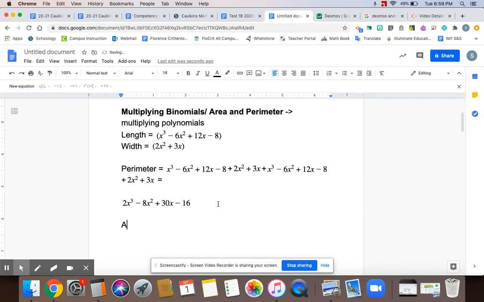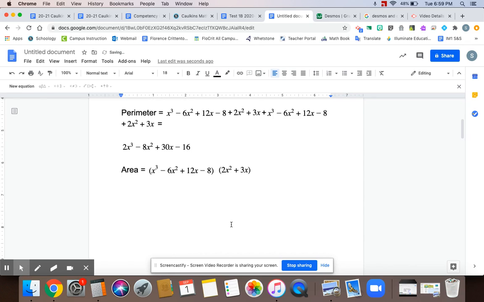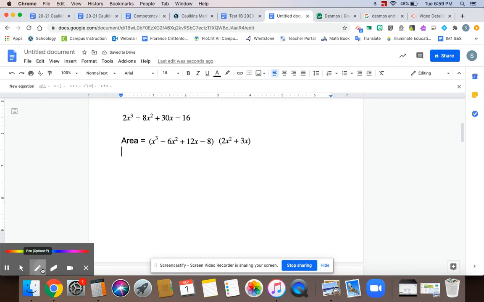Then if I wanted to do area, find the area of a square, I do what? I do length times width, so I'm going to want to multiply the length times the width. And multiplying is the same process as before, where each one of the ones in the first parentheses have to go to each one of the ones in the second, even though there's more of them.